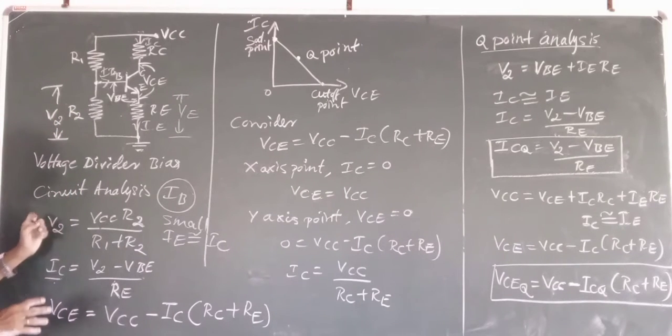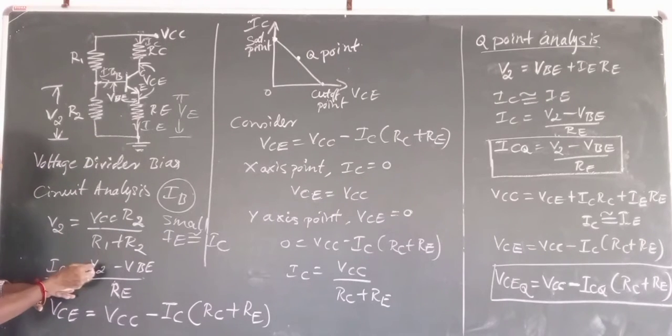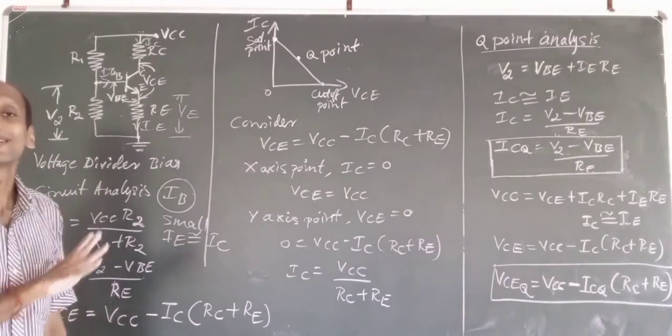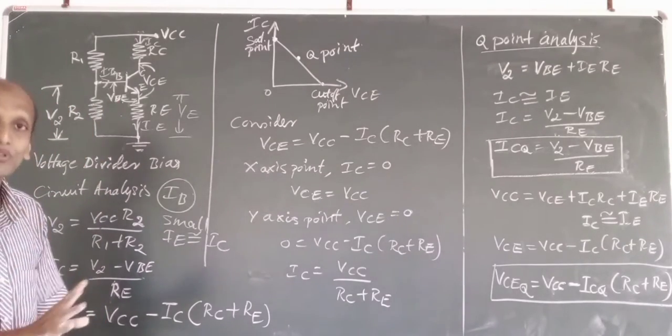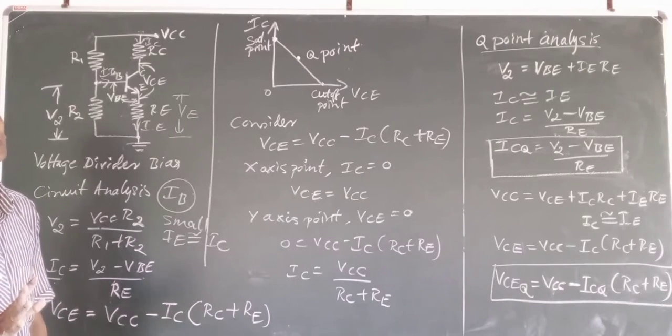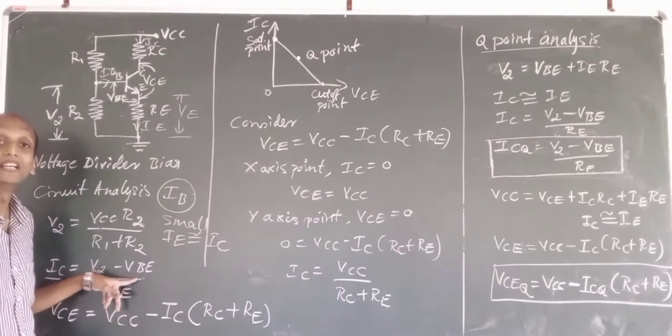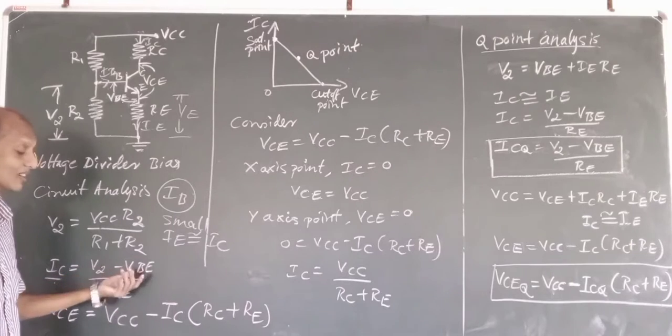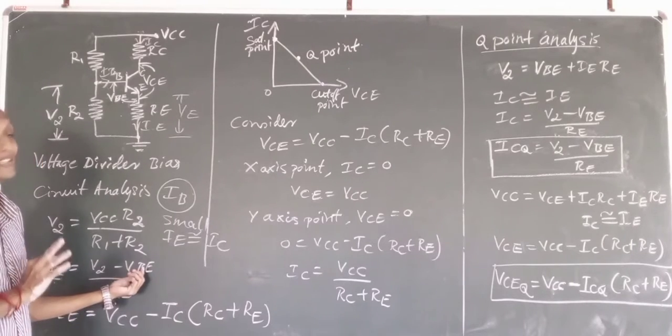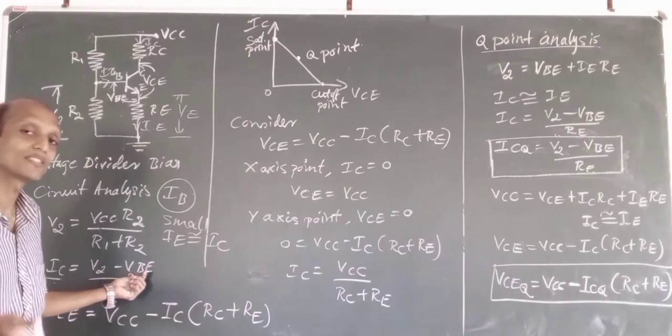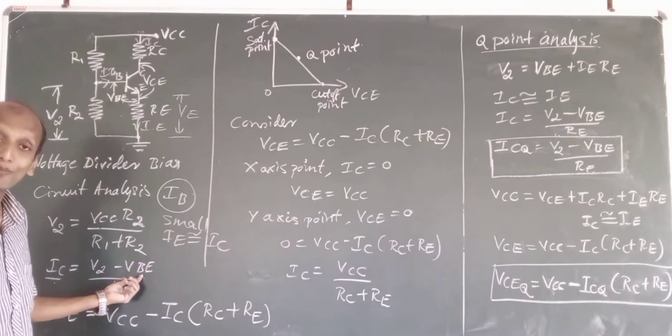After finding V2, I can directly find IC by knowing the value of V2 minus VB. VB will be a set value for your transistors. For silicon it will be so and so, and for germanium it will be so and so. VB value will be fixed for a transistor. In the sense, a silicon transistor will have a different value for the VB voltage.